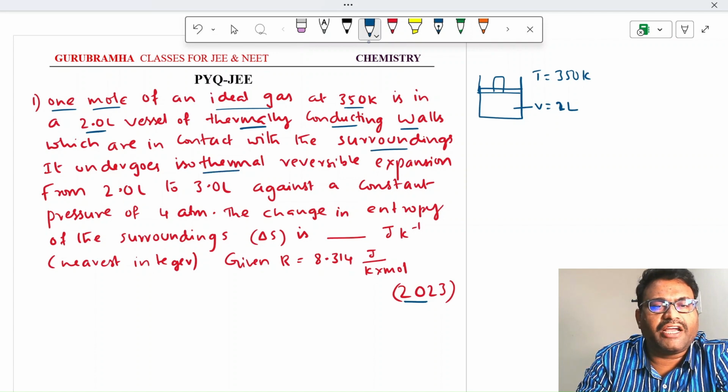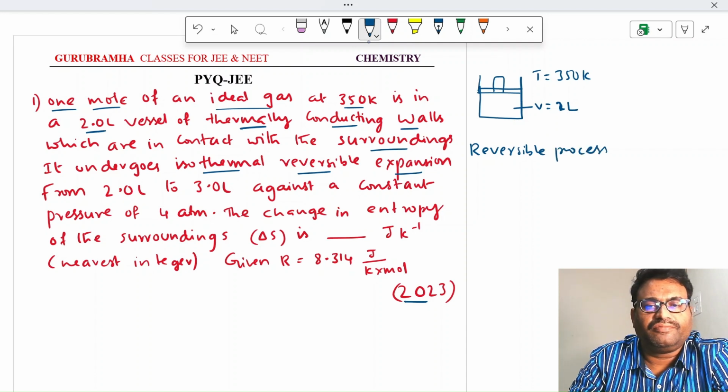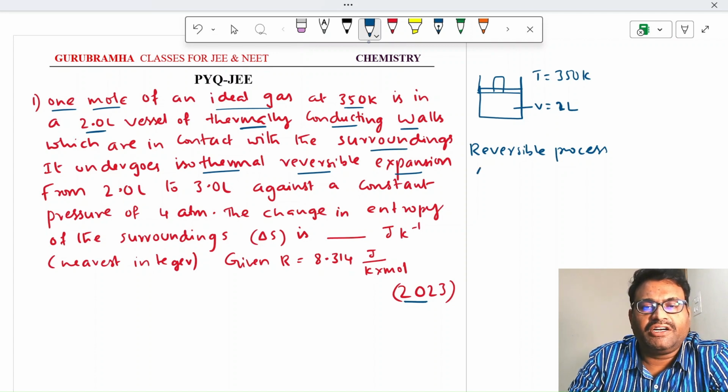It undergoes isothermal reversible expansion. What process is it undergoing? A reversible process. For a reversible process, we have studied that delta S total will be equal to 0.